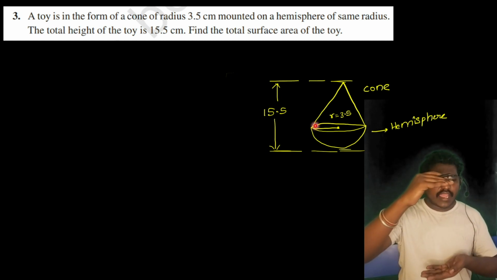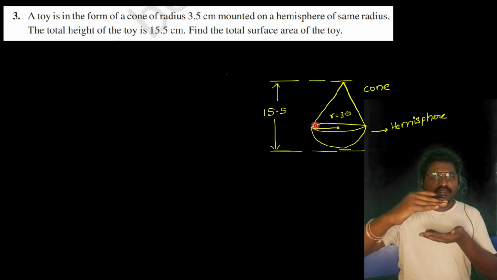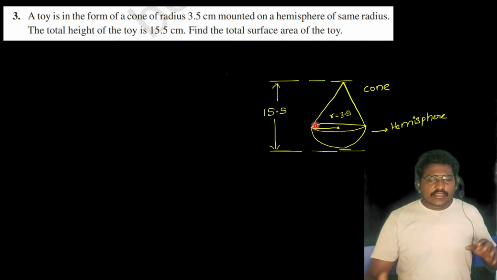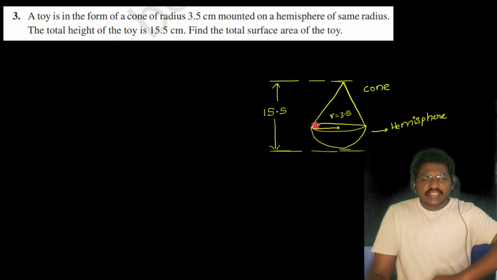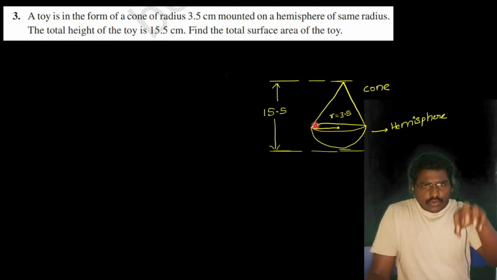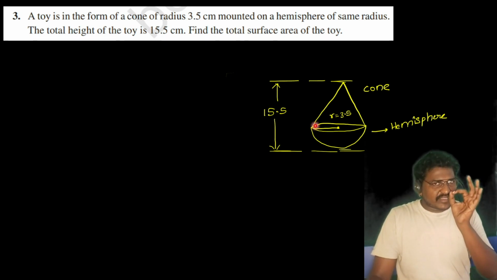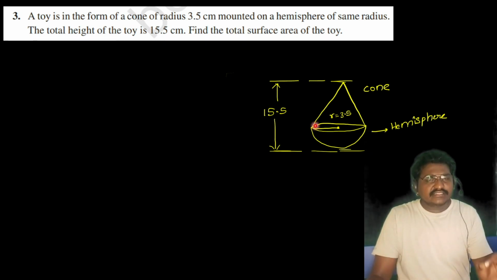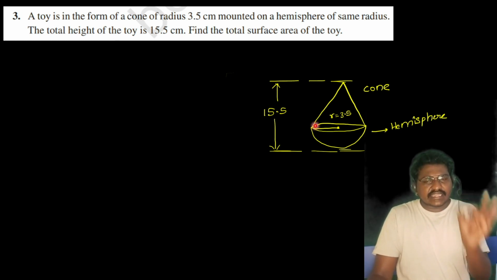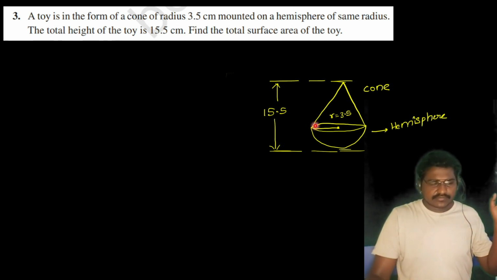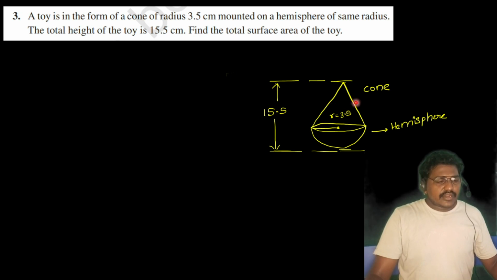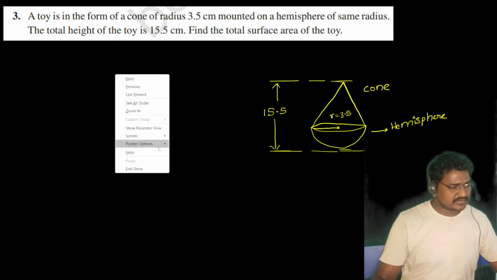One is cone and one is hemisphere. Now finding total surface area means the part of the total combined figure which we can touch. Total surface area or surface area means the area where we can touch the figure with our hand. Now see here. Here total surface area of the toy means CSA of cone plus CSA of hemisphere. So that is very important.